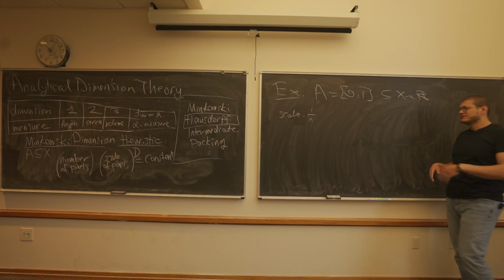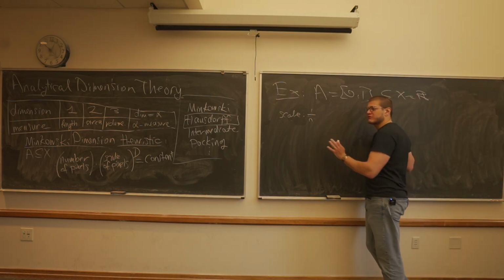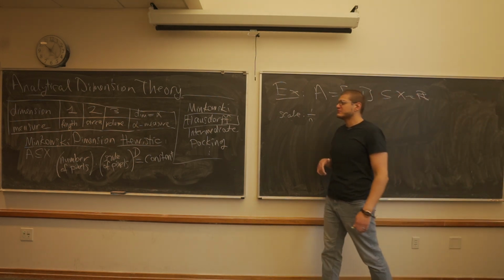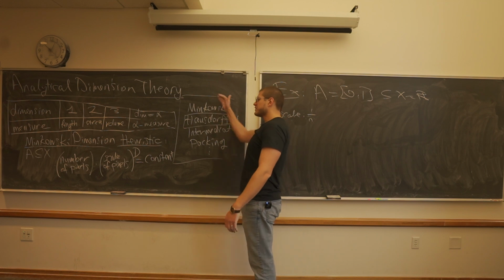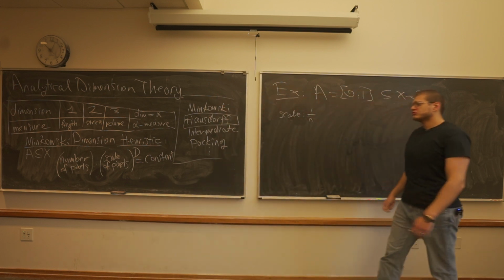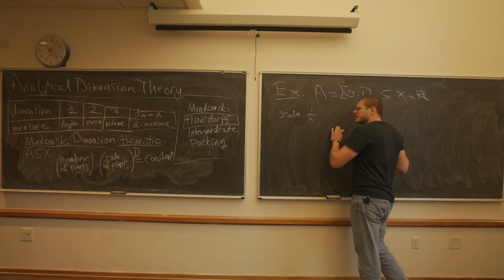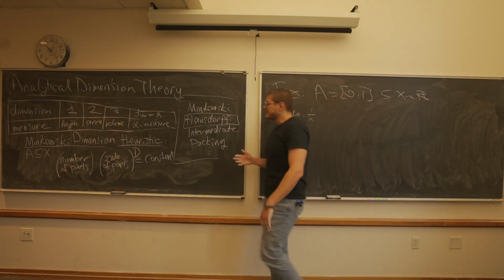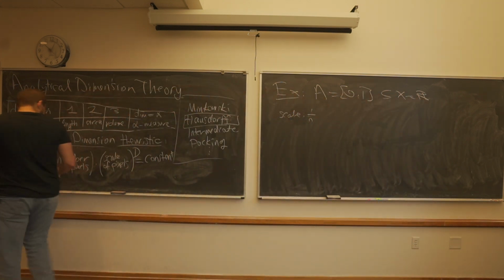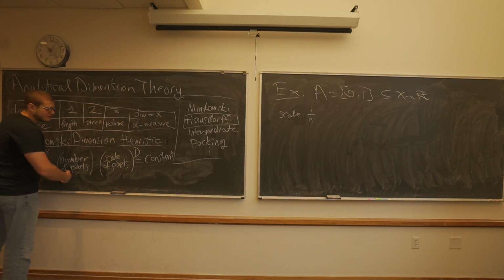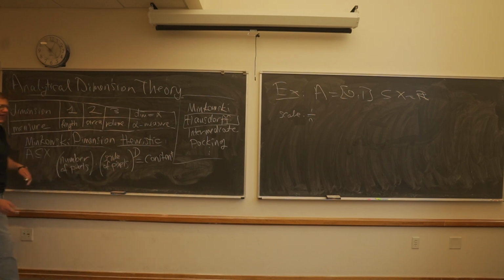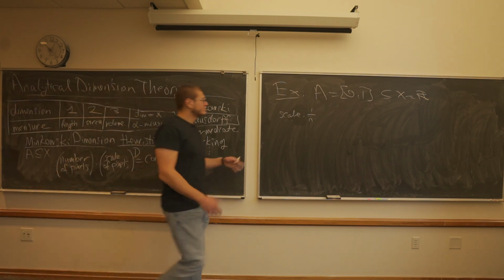It doesn't really matter. This is the nice thing about Minkowski dimension, and many of these more analytical notions have this property too. Because eventually I'm really interested in the asymptotics of this equation as the scale goes to 0. I don't care that much about some constants.